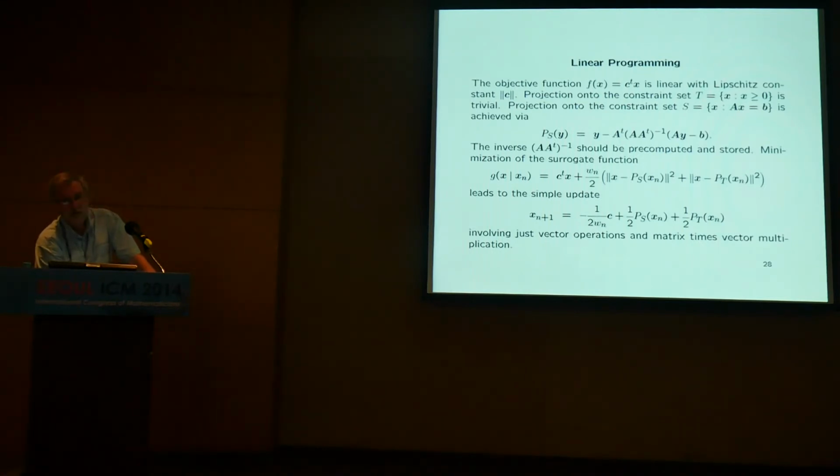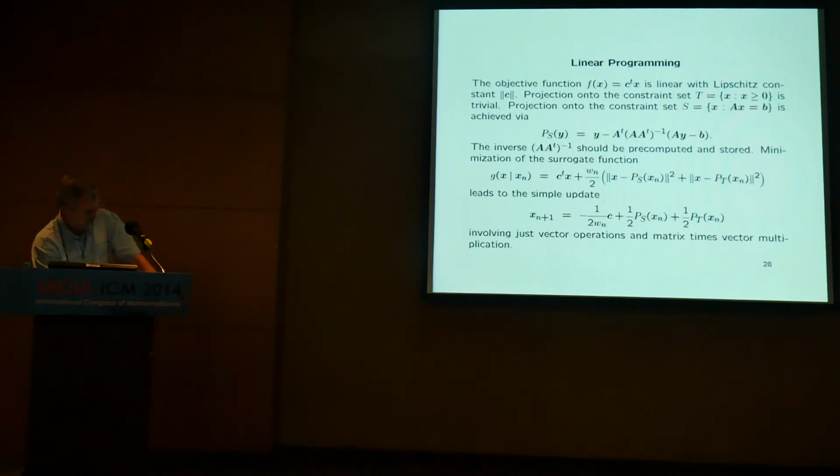The constraint sets are non-negativity and a bunch of linear equations. You can project easily onto the non-negative orthant. You can project onto the linear equations by standard linear algebra techniques.